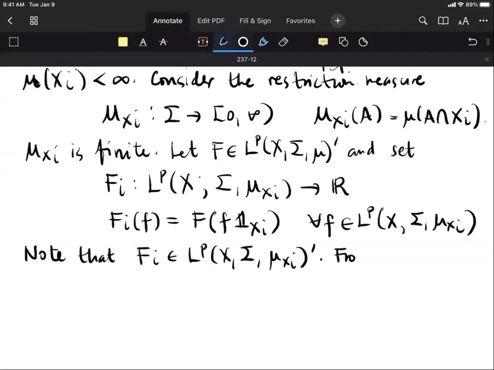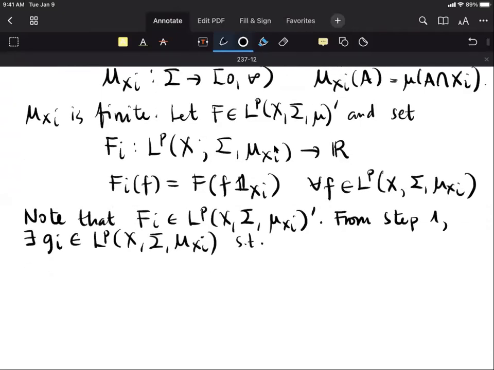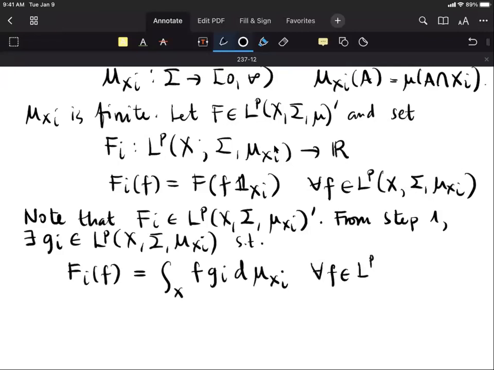So from step 1, there exists G sub I for each I in LQ of x sub I such that F sub I of f is equal to the integral of f G sub I d mu x sub I for all f in LP.